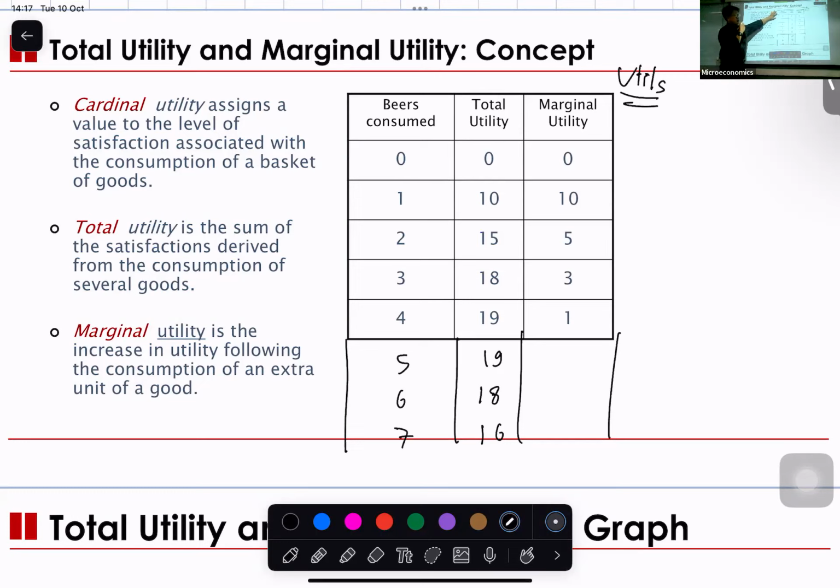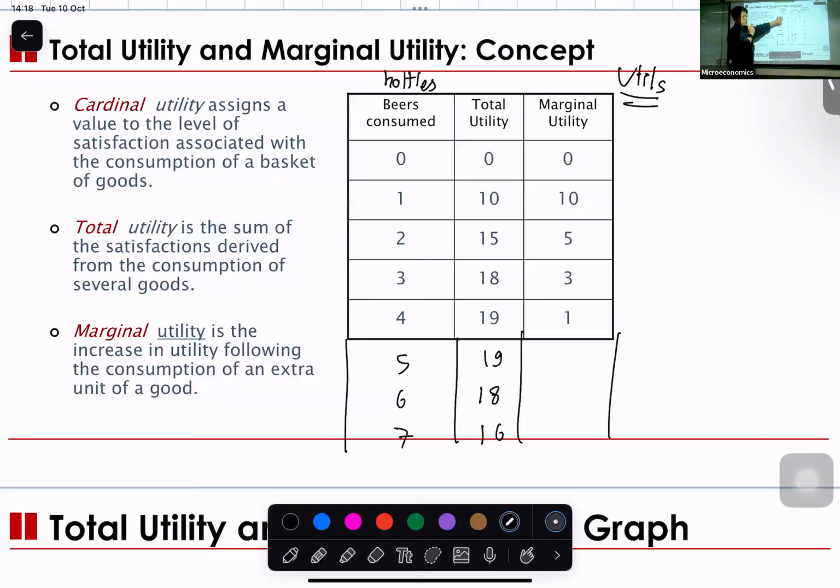Let's talk about beer consumption by this guy. First column, let's say bottles or cans. Second column, total utility: the happiness that the consumption of beer delivered to him. Total happiness. Okay, how to read this?